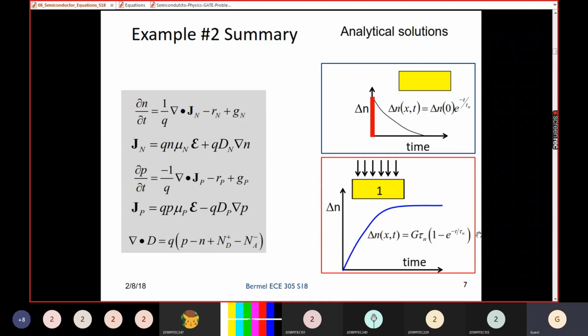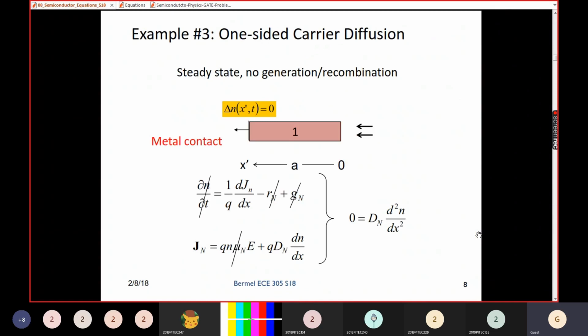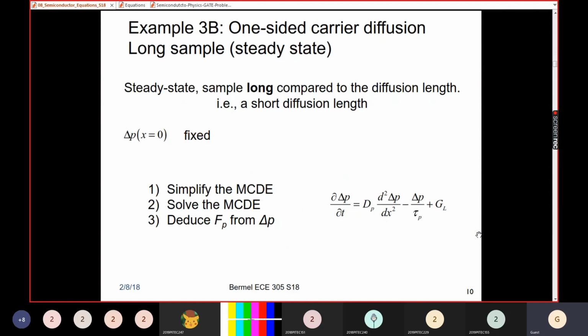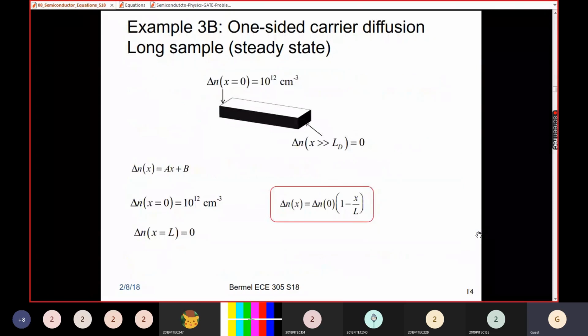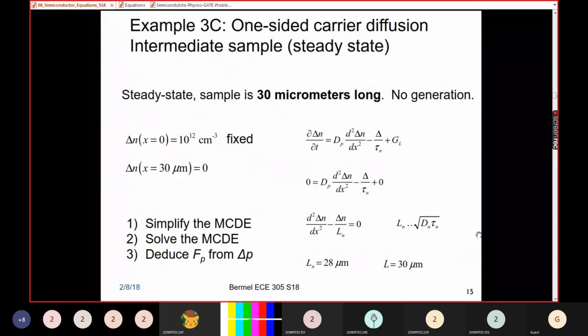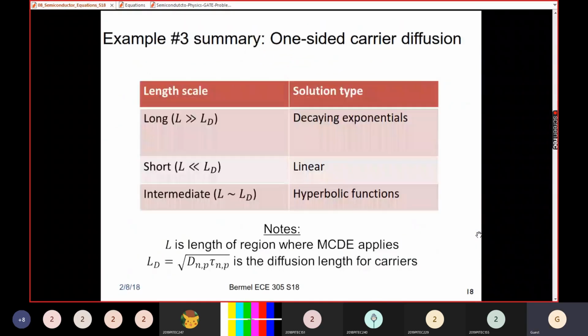So this is your equation for solving the analytical solution. With the same steady state condition, if no generation or recombination rate is present, the same formula will be applied.